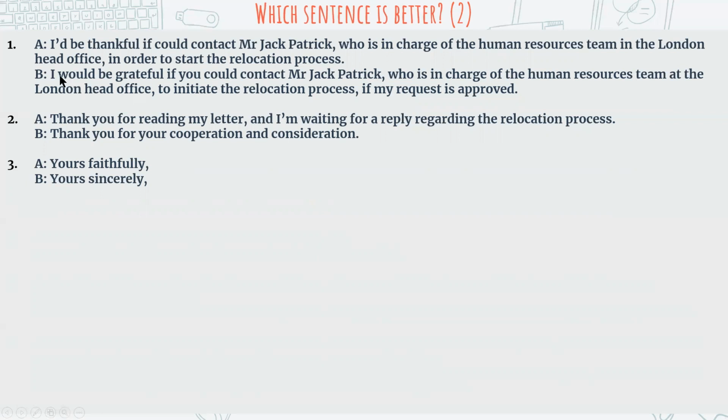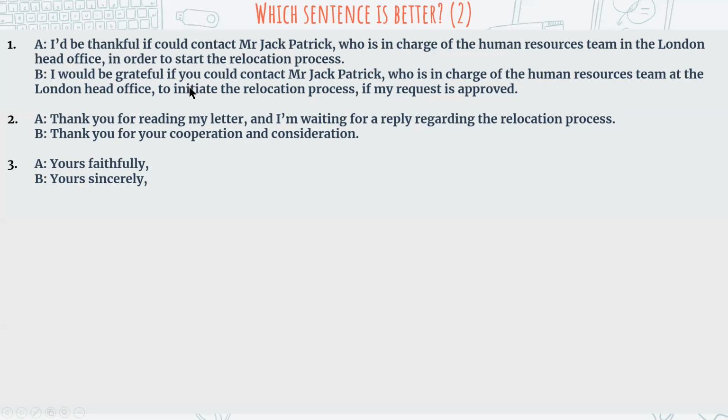The first one uses contractions. I'd be: we should avoid I'd be and all contractions in formal contexts. I would be grateful if you could contact Mr. Jack Patrick. And of course, here we have a non-defining relative clause. We are going to talk about it one more time. Who is in charge of the human resources team at the London head office, to initiate.